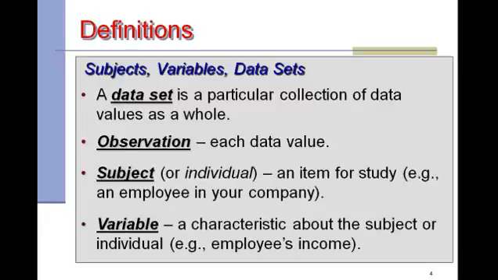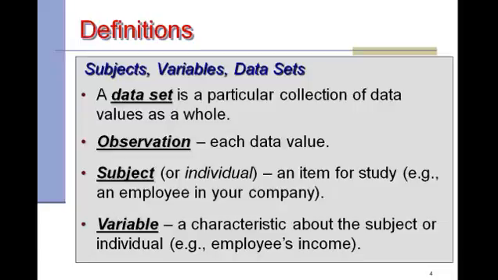Lifeline, just so that you will be comfortable and starting to learn some of the terminology of this class. A data set, as it tells you here, is a particular collection of data values as a whole. An observation is each individual data value. The subject is a particular item or measurement of interest.